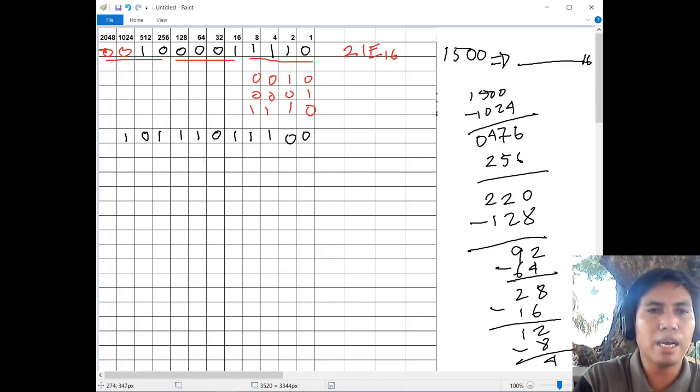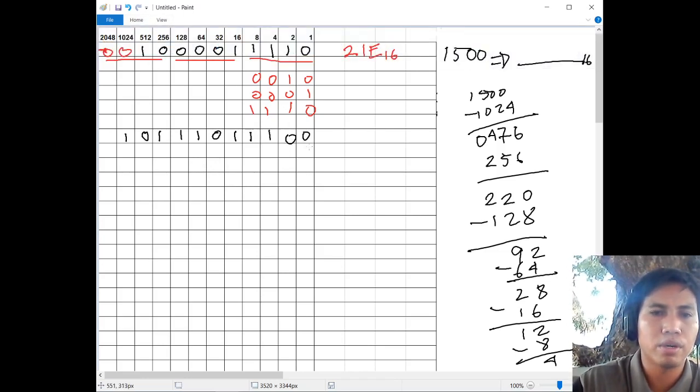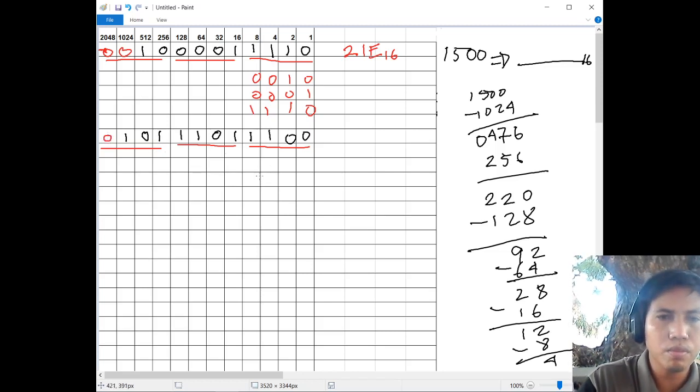So this is the binary number. The next thing that we should do is to group them by 4. So this one, 4 digits, 4 digits, and 4 digits. You just need to add a 0. Okay?